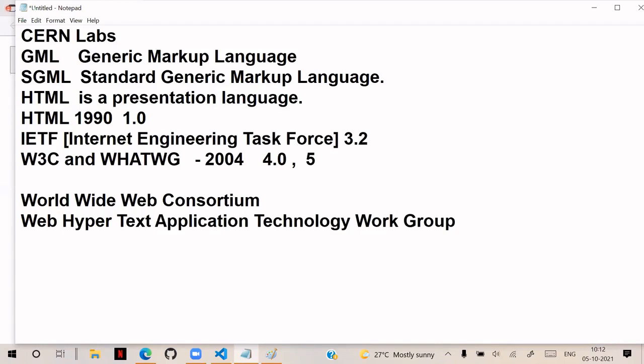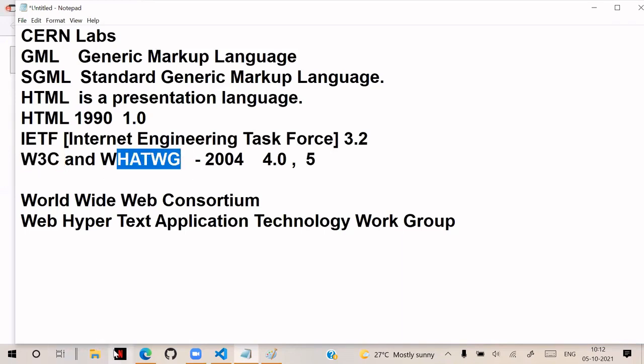Currently, HTML is the language that we are going to learn, and it is maintained by these two groups. Actually, W3C was established by Tim Berners-Lee himself. But now the entire responsibility of HTML is taken by this group called WHATWG.